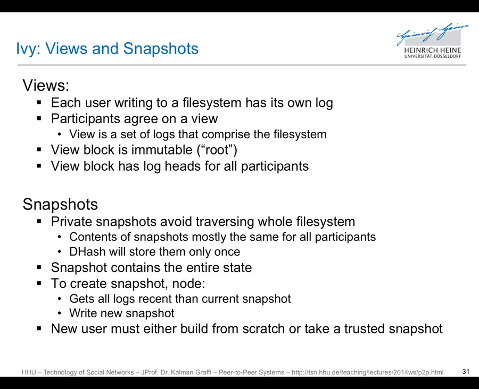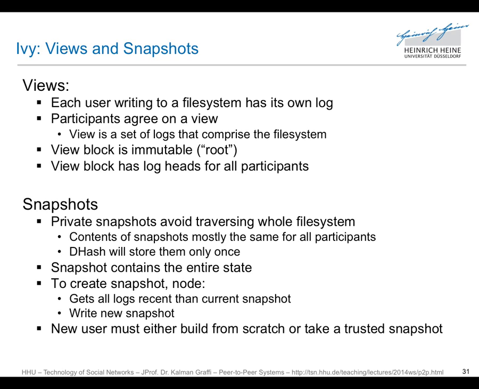And the contents of the snapshot should be mainly the same for all participants. So at one time they all independently collect their snapshot, the current copy of the network basically, and use this as a basis, and then only consider the new logs.